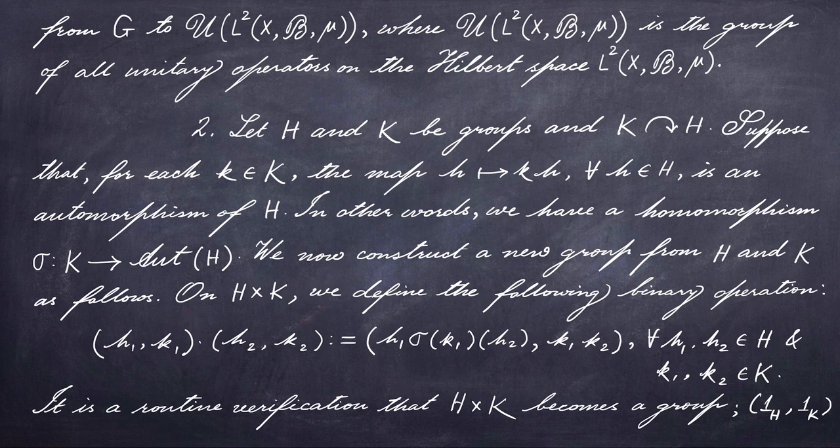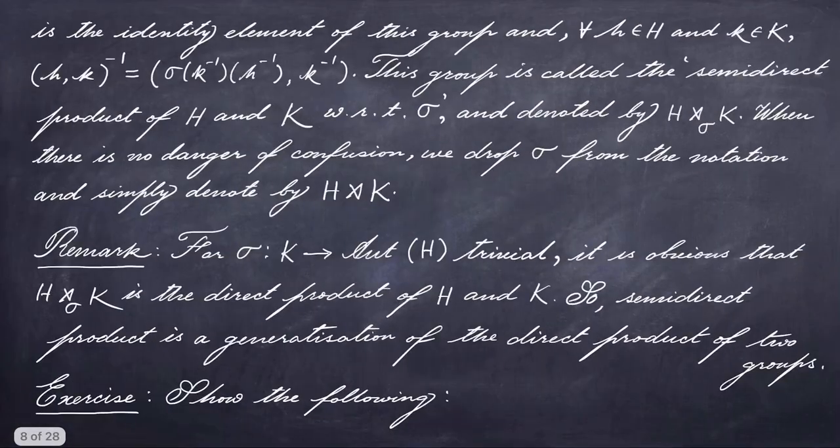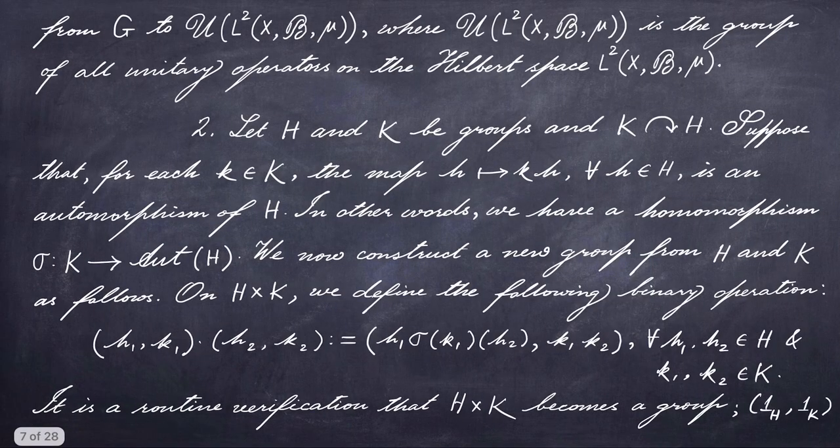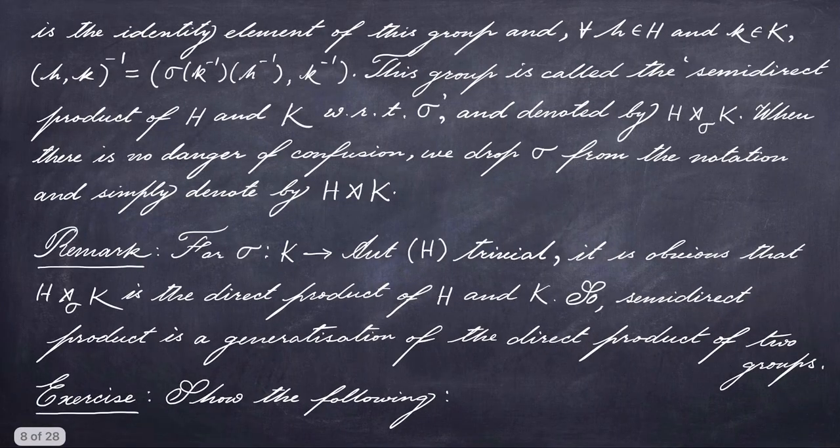It is a routine verification that with respect to this operation, this set becomes a group whose identity element is (1_H, 1_K), and for any (h, k) the inverse is this. This is called the semi-direct product of H and K with respect to sigma.